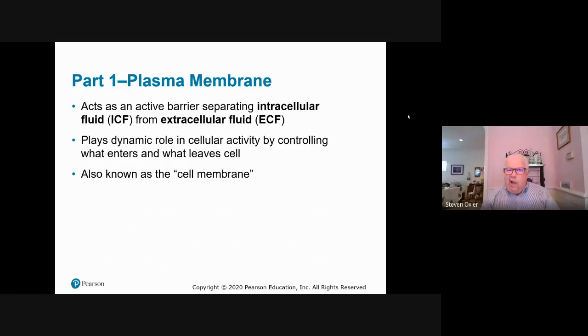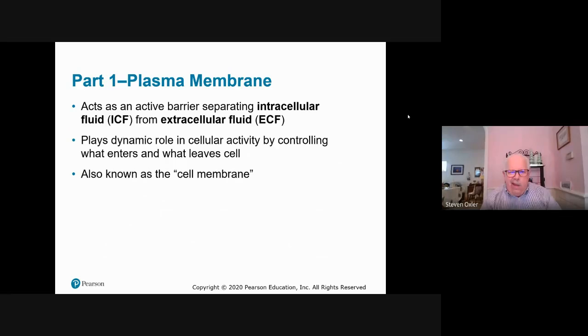Now, let's talk about the plasma membrane. The plasma membrane is a barrier separating the outside of the cell with the inside of the cell. The ICF, or the intracellular fluid, is inside the cell, and the ECF, the extracellular fluid, is outside of the cell.